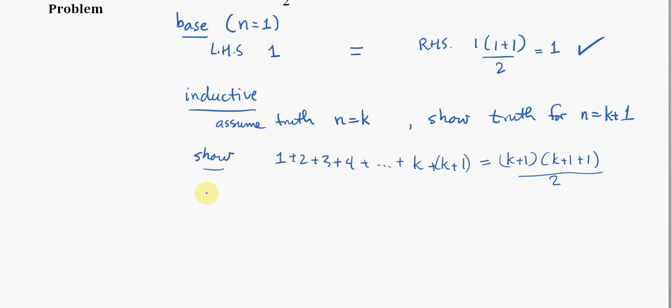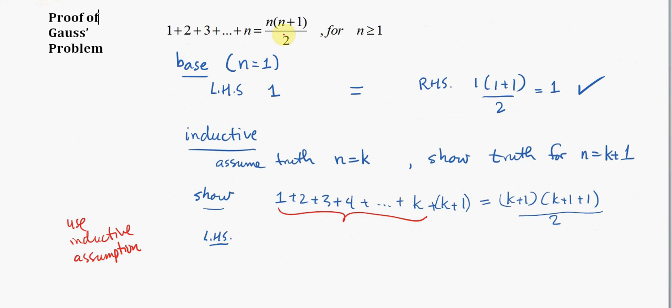Let's start with our left-hand side. We already have this here, and the nice part is that we can use the inductive assumption. We know that all of this up to k is equal to the formula the claim is making, so up to k, this must be equal to k times k plus 1, all over 2.